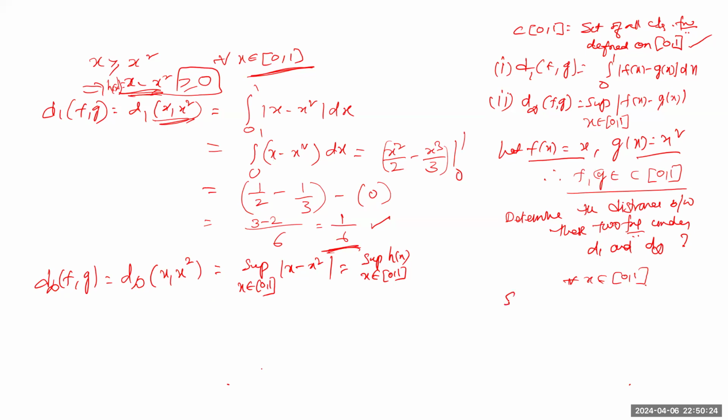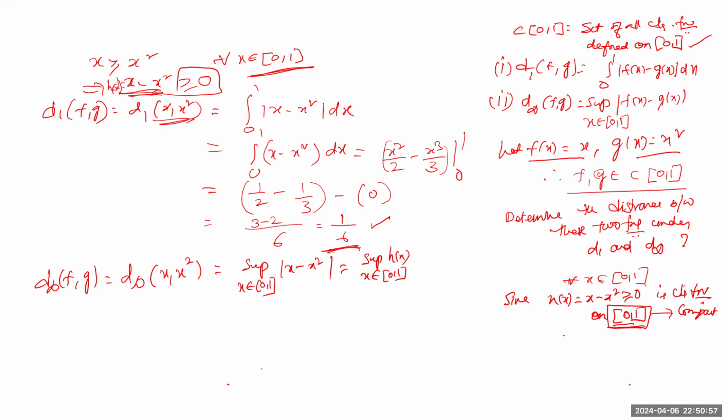Since h of x is equal to x minus x square, which is greater than 0, is a continuous function on the closed interval 0 comma 1, right? What is this 0 comma 1? It is a compact set. Any continuous function defined on a compact set attains maximum and minimum, right?